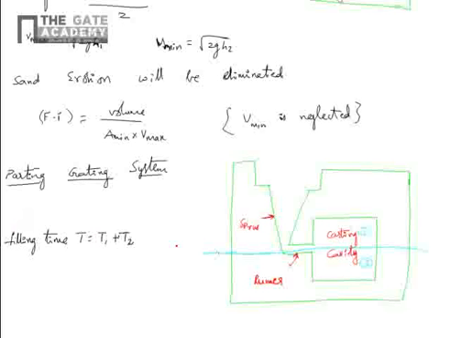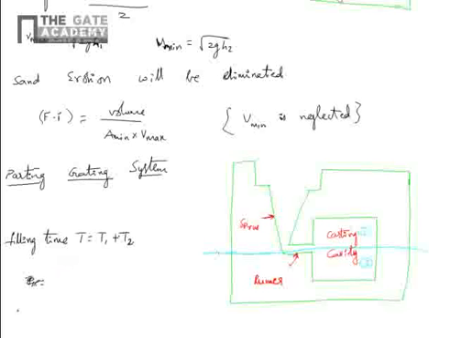Again the same method: you consider the height of the mold and h1, h2, and substitute in the same formulas. T1 equals, similarly, volume by A into velocity. You have to use the same formulas we have discussed above, for both.